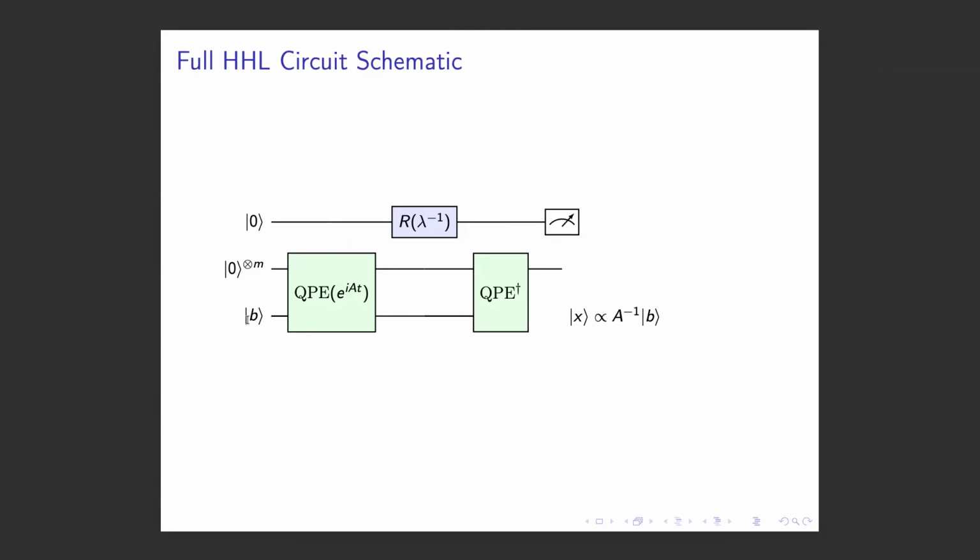So this is the system, the way we set it up. We have the system represented by a state B. This is the known vector. We have an initial state, which is given by all the qubits in 0, and we have m qubits, and this is the quantum phase estimation part of this unitary operator.